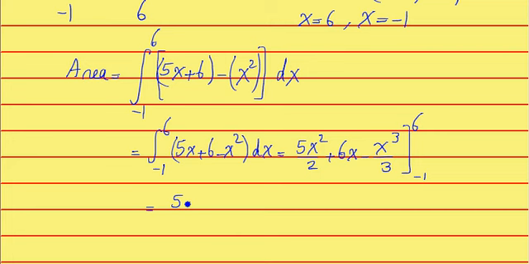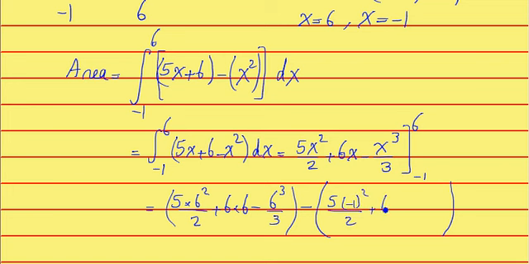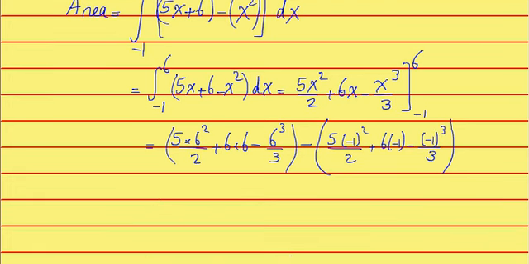So 5 times 6 squared over 2 plus 6 times 6 minus 6 cubed over 3. That's what I get when I plug 6 here. Then minus, always keep these parentheses for safety's sake, -1 applied here: 5 times (-1) squared over 2, plus 6 times -1 minus (-1) cubed over 3.